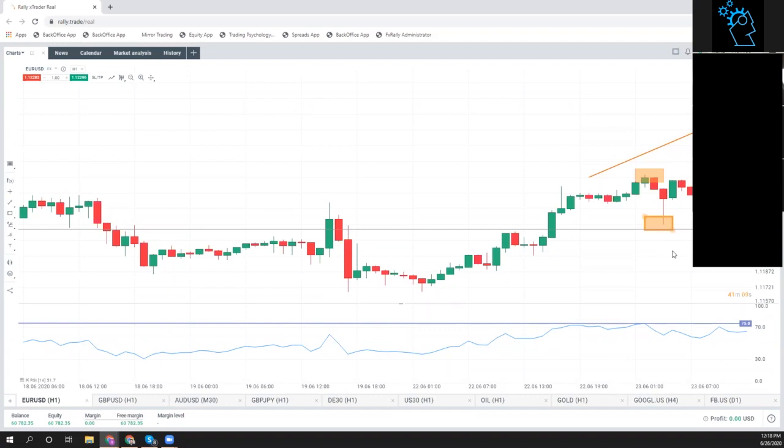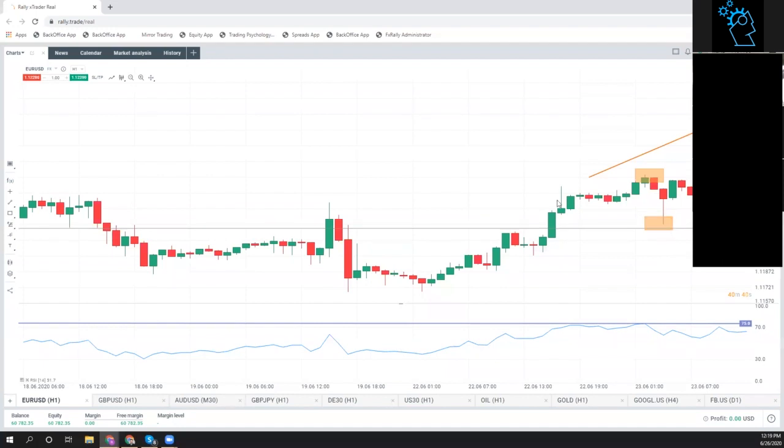So for example, a start of a correction or a start of a new trend when it comes to turning points. Well, the RSI with these divergences and what I'm about to show you can actually give you both an end of impulse, end of correction, or end of a trend, depending on what time frame you're analyzing, and of course depending on your trend.